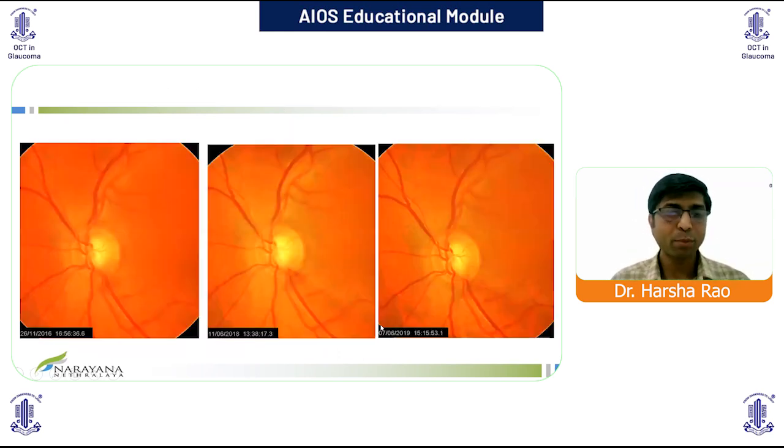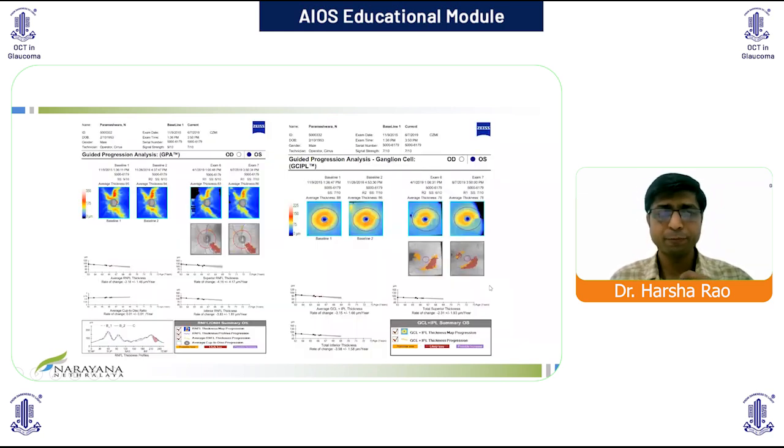And one last example of progression here, this is a glaucomatous optic nerve head, which showed an inferior temporal disc hemorrhage. This was how it was in 2016, 2018, showed a disc hemorrhage. And next year, the disc hemorrhage has regressed, leaving behind a frank inferior retinal nerve fiber layer defect on the disc photograph.